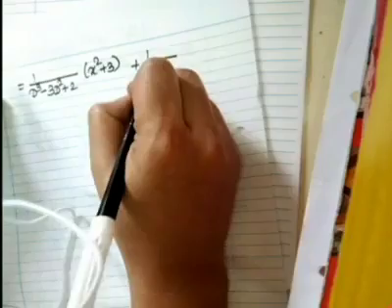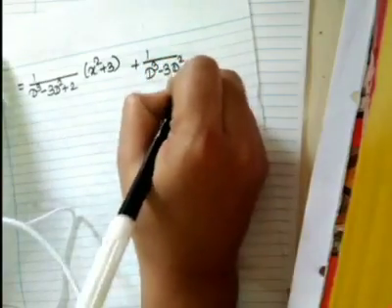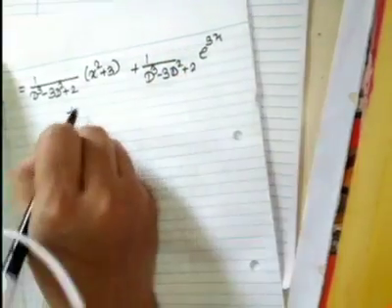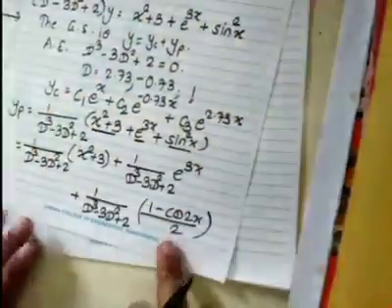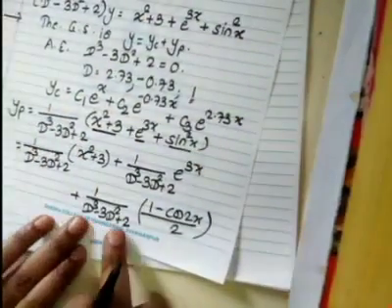Okay, so I am writing it again. It is 1 upon D cube minus 3D square plus 2 into x square plus 3, then second e raised to 3x, plus 1/2 I will take out, 1/2 is outside as constant, then this into 1 minus cos 2x.